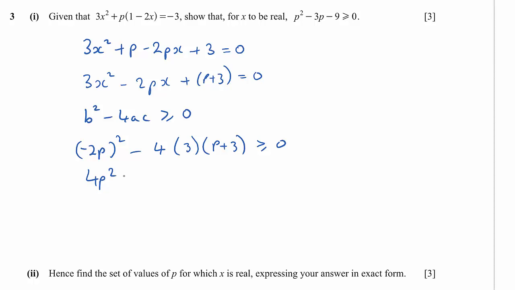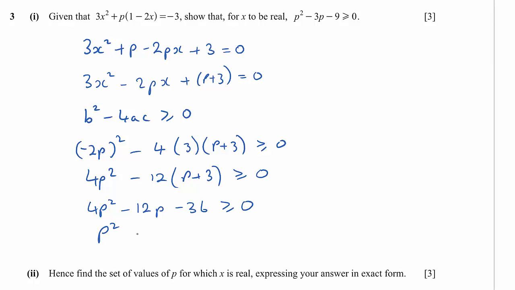So that's 4p squared, take away 12(p plus 3), is greater than or equal to 0. So 4p squared minus 12p minus 36 is greater than or equal to 0, and then divide through by 4: p squared minus 3p minus 9 is greater than or equal to 0, as required.